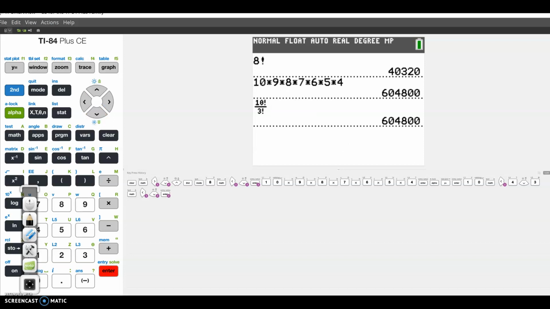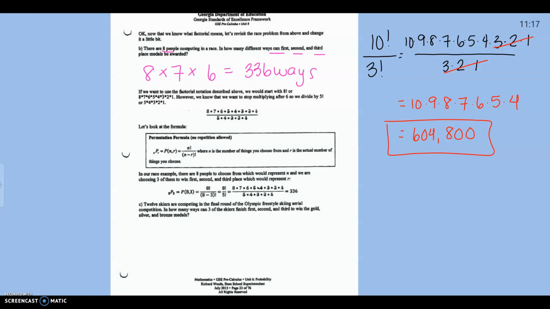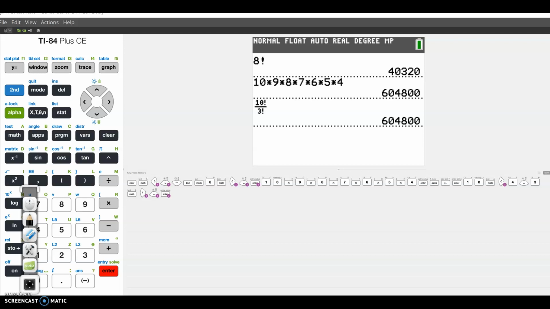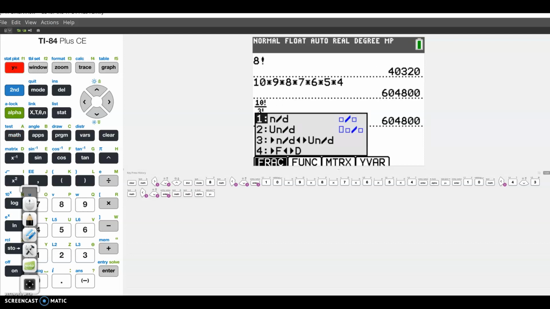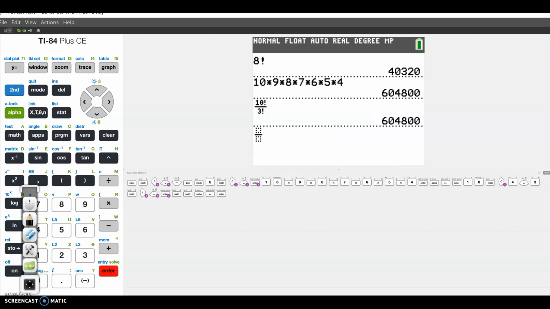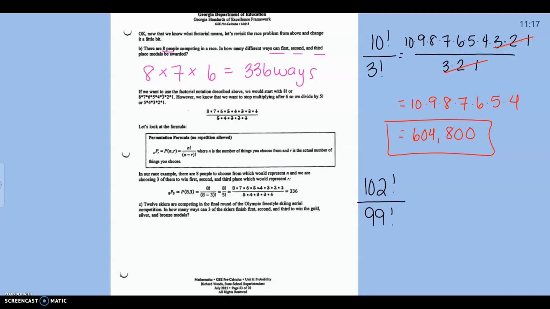The problem here is sometimes your calculator is going to overload. And I promise you on your test and on your practice you're going to have something like this. So if I had 102 factorial divided by 99 factorial, if you try to do that in the calculator, it's going to give you an error. So if I wanted to do 102 factorial.